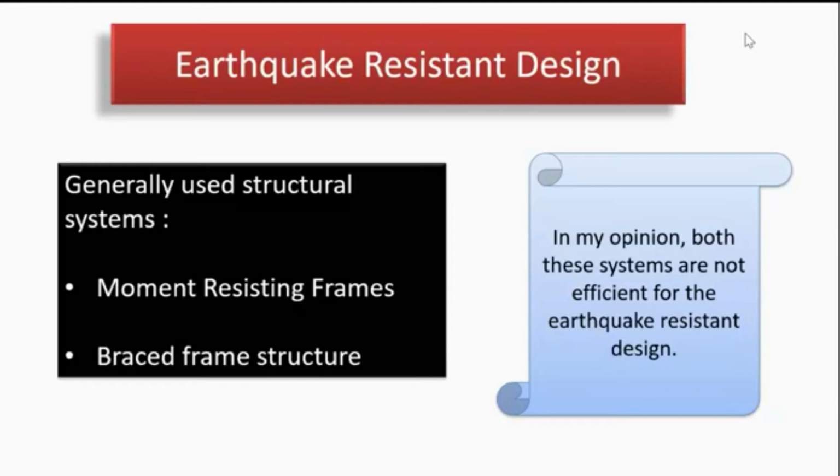Since the compression capacity is too low, the brace size will increase. Since the brace size increases, the structure becomes more rigid, and since it becomes rigid, it will attract more earthquake forces. So this cycle goes on and on. There should be some intermediate structural system.